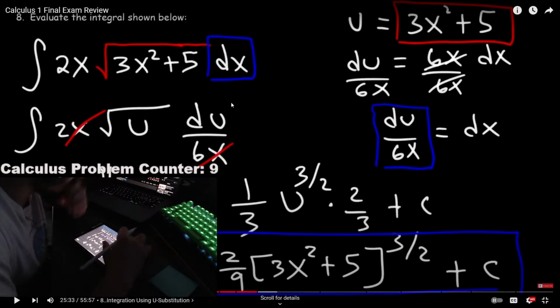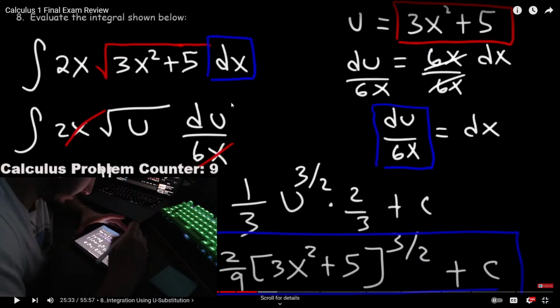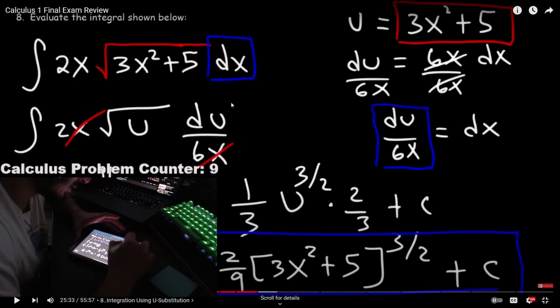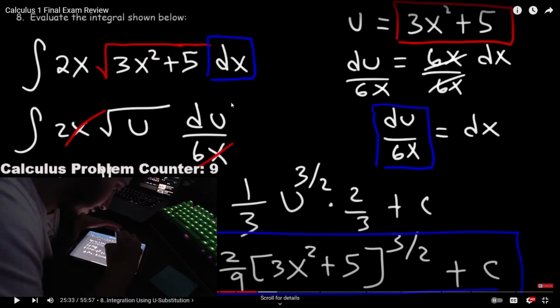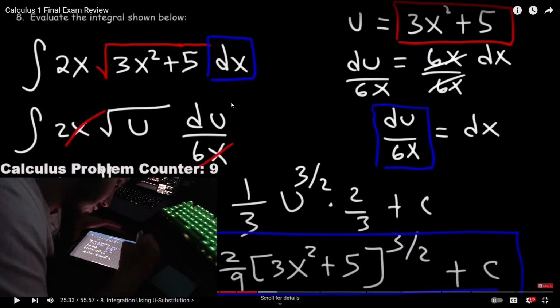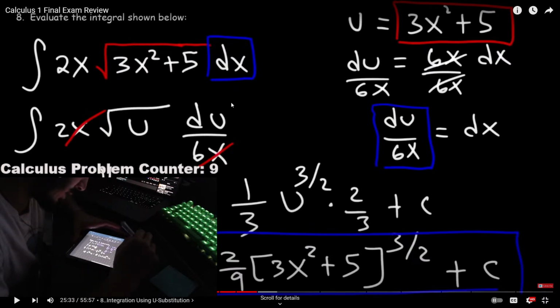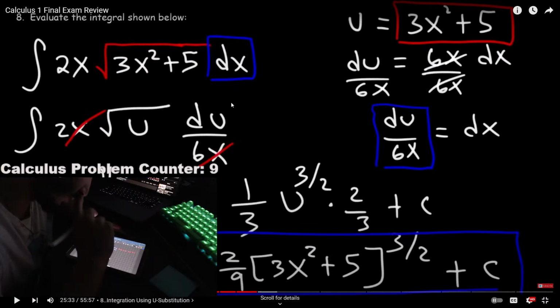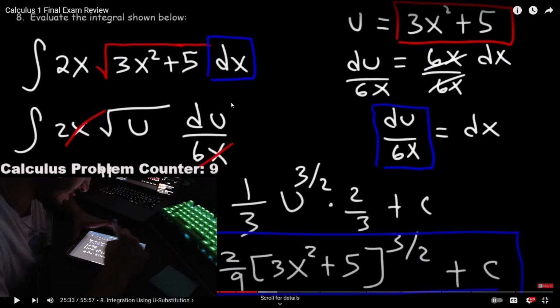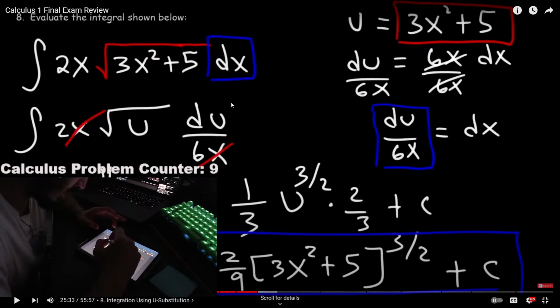Okay, so what he did was first write u and du, and then 3x squared plus 5, 6x is the du dx, divided by 6x, plug it back into the old formula for u.